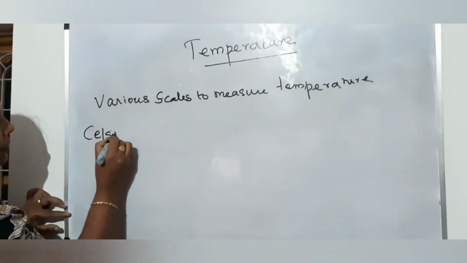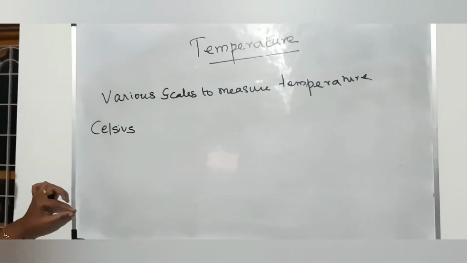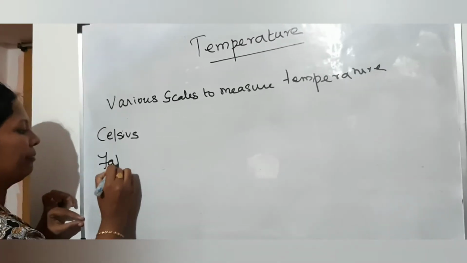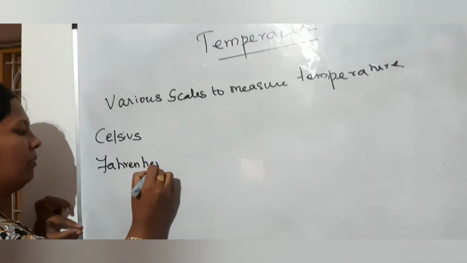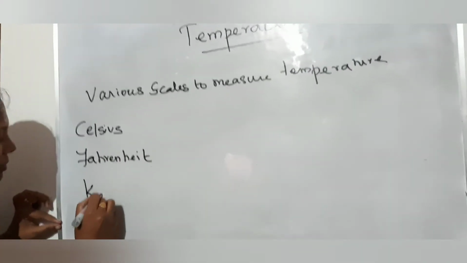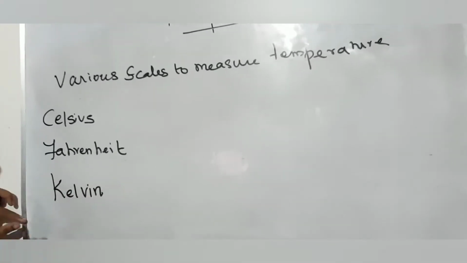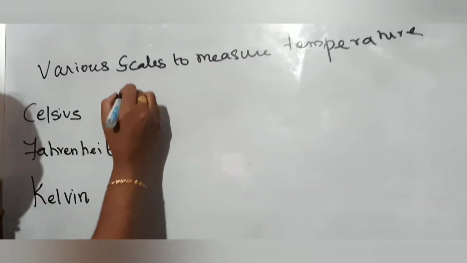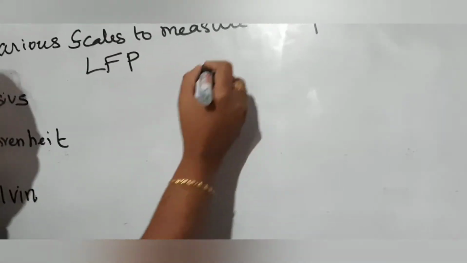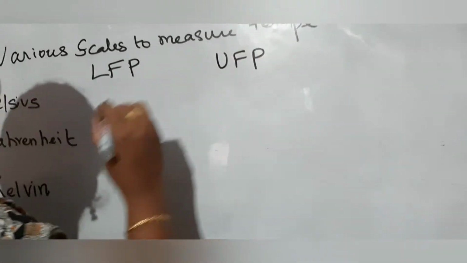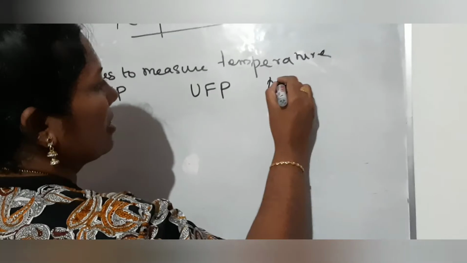Celsius, Fahrenheit and Kelvin. For this we are going to find out the LFP, UFP and also the number of divisions in the scale.